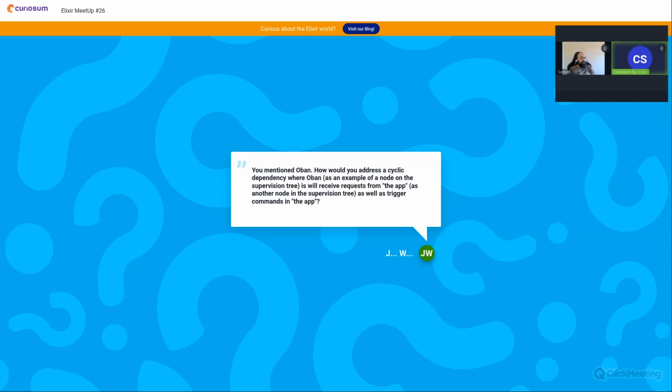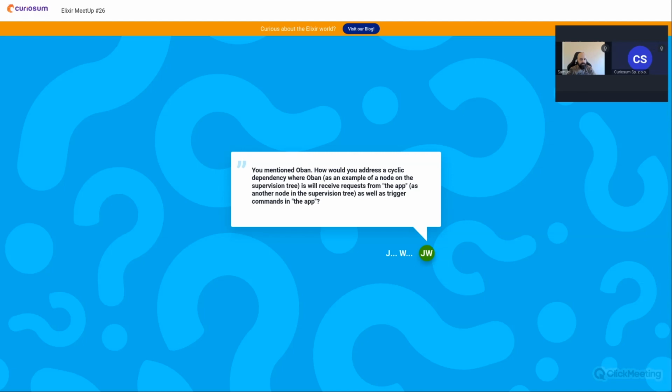Not only Oban, but other libraries that need a supervision tree, usually what they do is, in their own library they will create the supervision tree, and in their readme section they tell us to add that supervision tree to our application. A lot of the times we don't go to see how that works, but libraries usually do that.